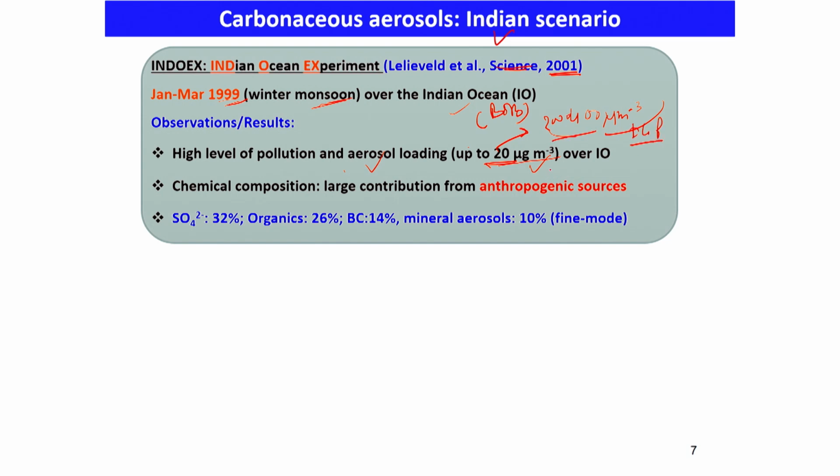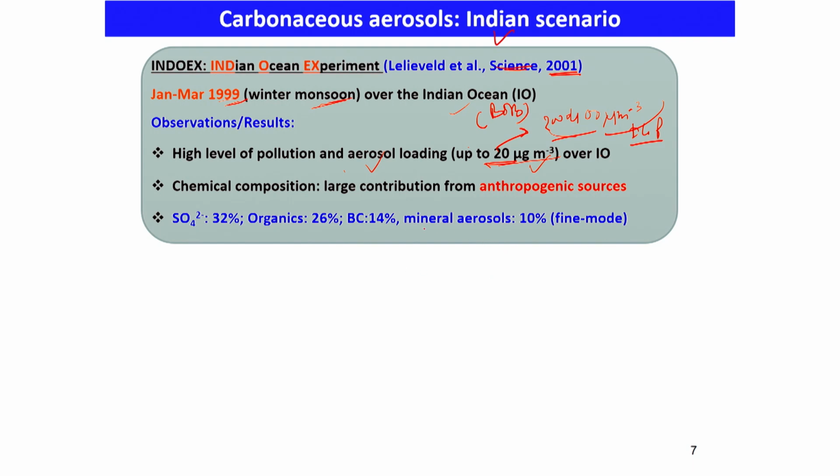Although that study was in 1999, the scenario has changed over almost 25 years, and the concentration in the IGP has also increased. But the point here is that a high level of air pollution and aerosol loading was detected over the Indian Ocean.